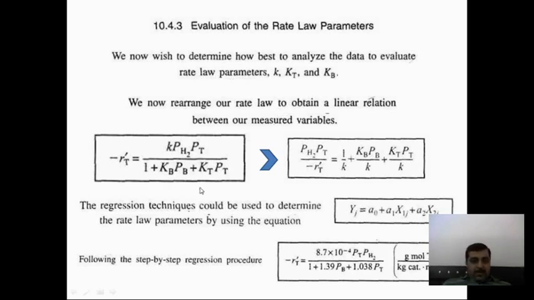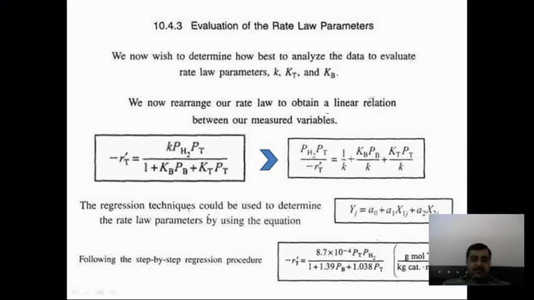We do so by reshuffling this expression this way, and then we can apply regression analysis techniques which can determine our rate law expressions. Now this is our one dependent variable, and these three parameters we have to derive. Based on the regression analysis method, you will be able to get this.